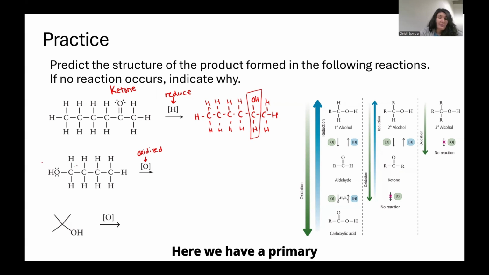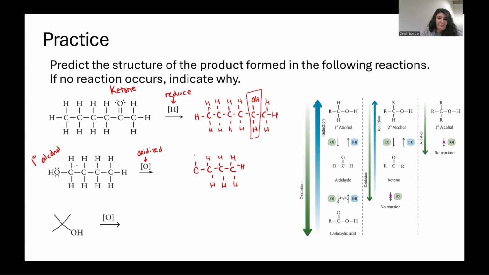Here we have a primary alcohol. Primary alcohol oxidized goes to an aldehyde. Like this.